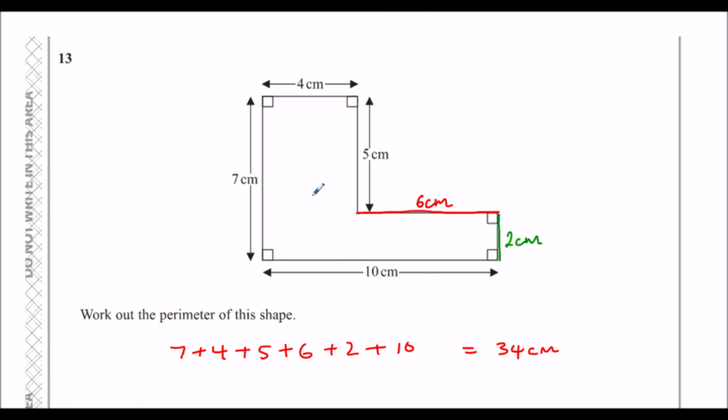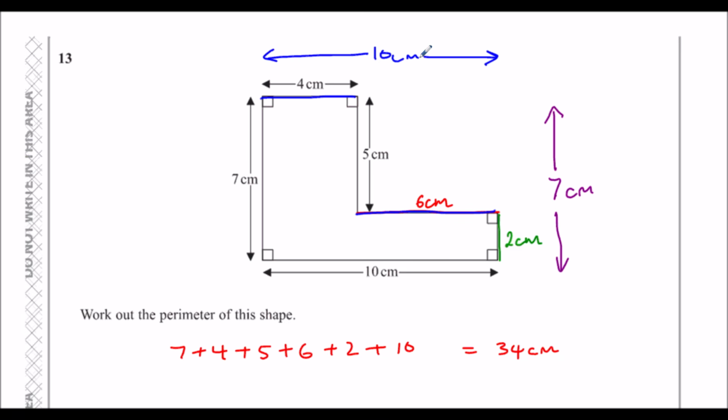We could have also said that, without working out this 6 and 2, the length along the bottom is 10. So these two blue lengths together must also be 10. And the length on the left is 7, so it must be the same on the right.